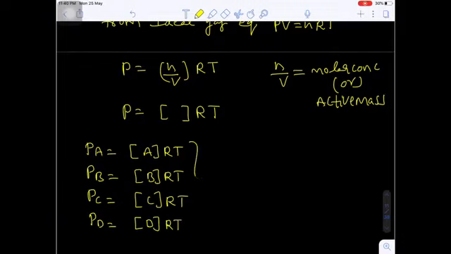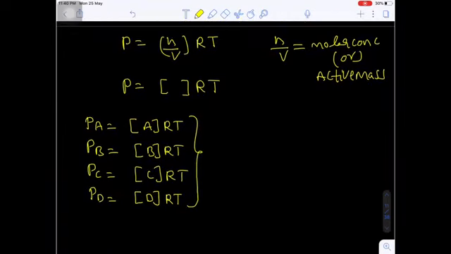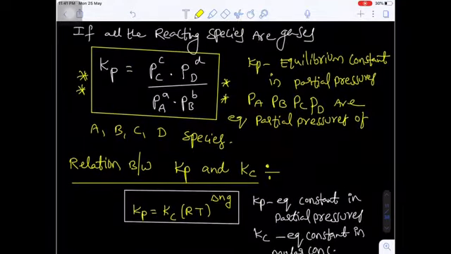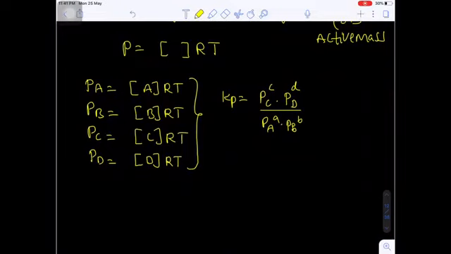Okay, now we know PA, PB, PC and PD. Now we are writing Kp is equal to PC to the power c, PD to the power d, whole divided by PA to the power small a and PB to the power small b. This is the expression of Kp.